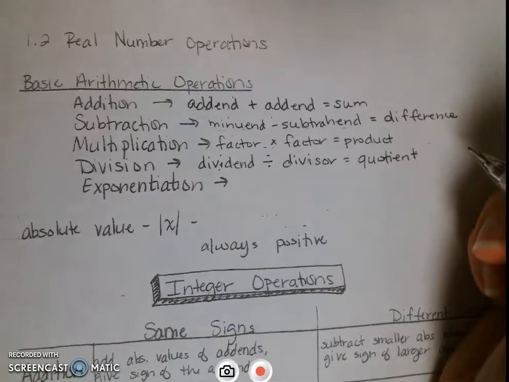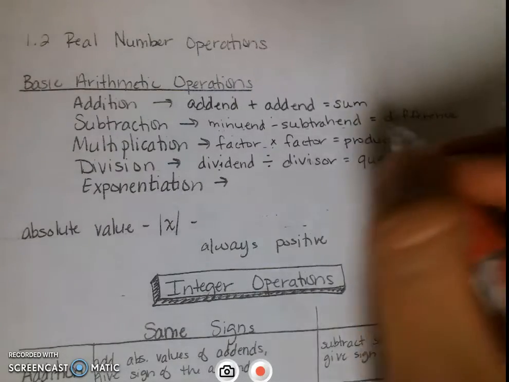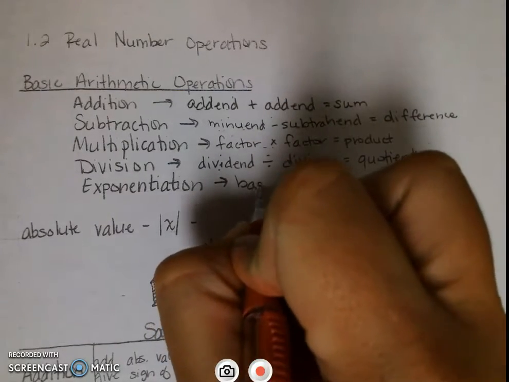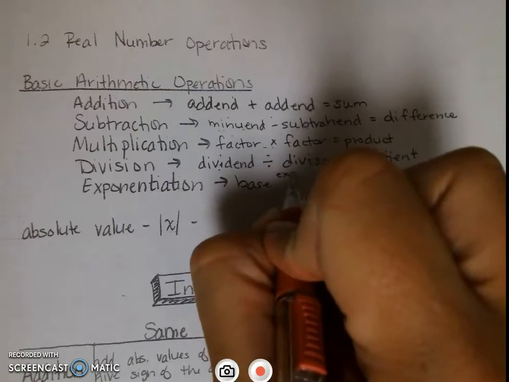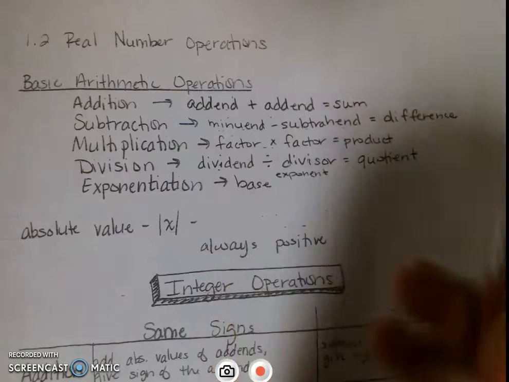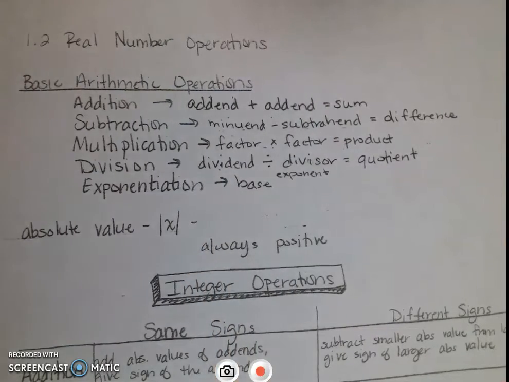Excellent. And the last one is exponentiation. So when we have exponents, we break that down into a base, and the exponent is the number up top, so it's raised to that power. All right, so those are our basic language or terminology of the basic arithmetic operations.